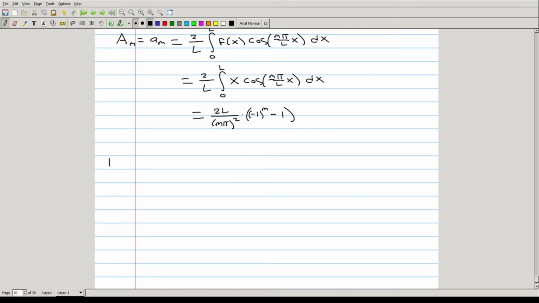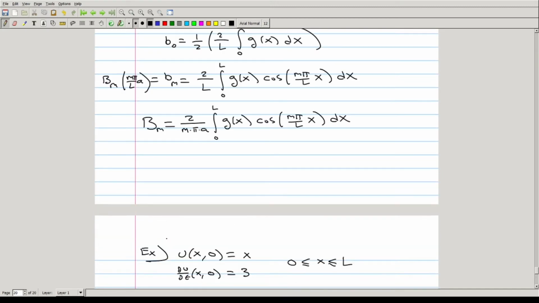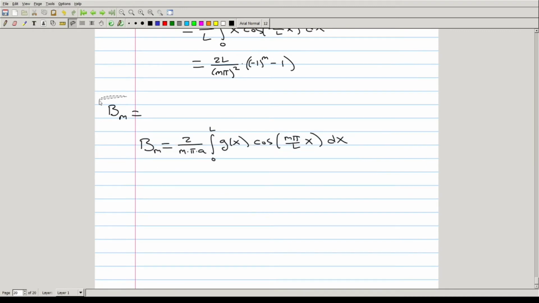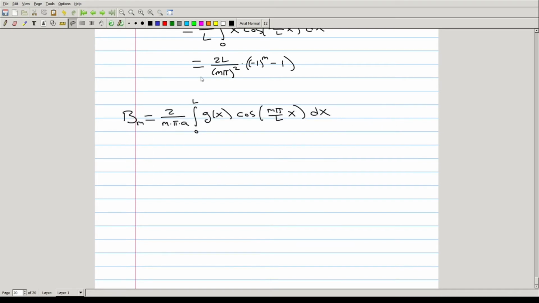And then lastly, the BM. The BMs are going to be given by this integral formula right here, which is just 2 over m pi times a times the integral from 0 to L of the initial condition for the velocity, which is just a constant function 3.